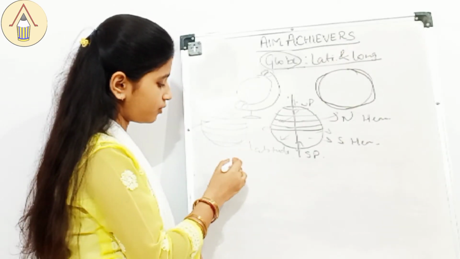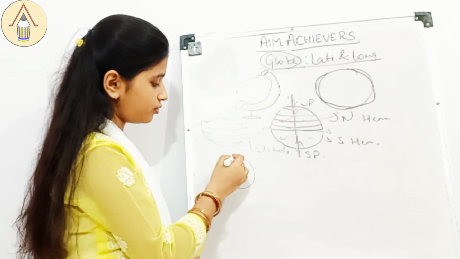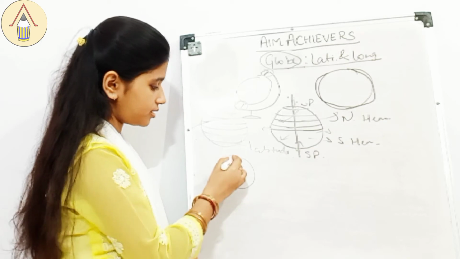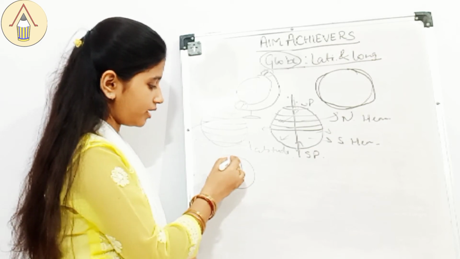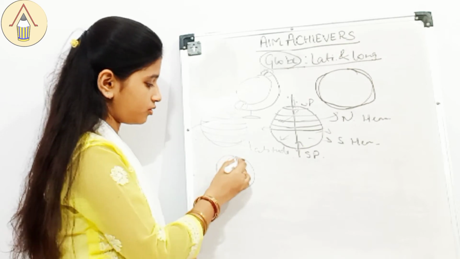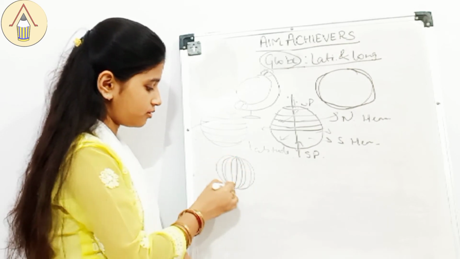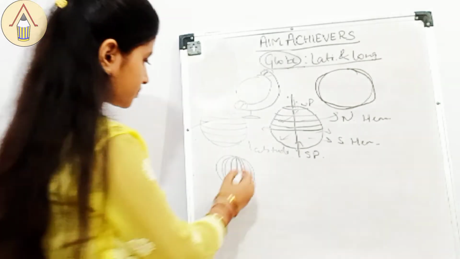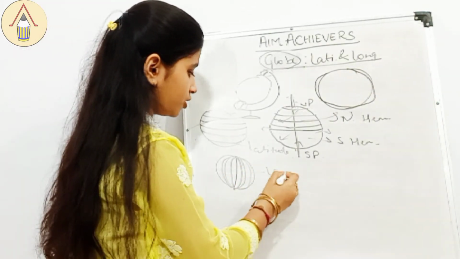Now comes longitude. What is longitude? So longitude is anything that runs from the north pole joining the south pole. Okay, so there are many lines. These lines are called longitude.